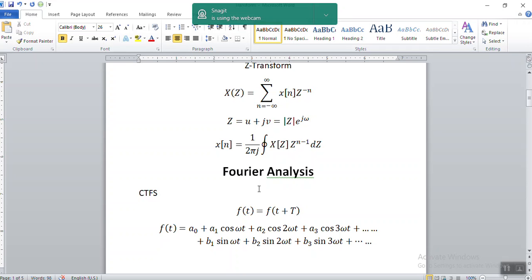Now, thing is that why we do, first of all, what is Fourier?